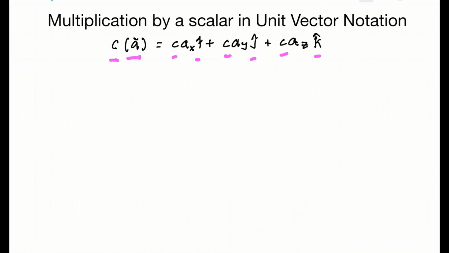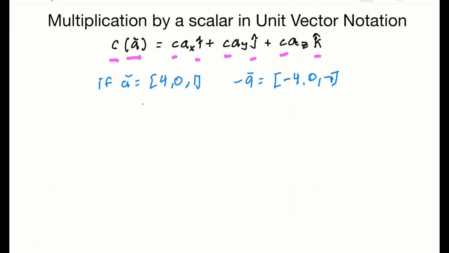So doing an example of that, let's let a be equal to 4, 0, 1. Now minus a, carrying this through, is just going to be equal to -4, 0, and -1. So it just multiplies through there.